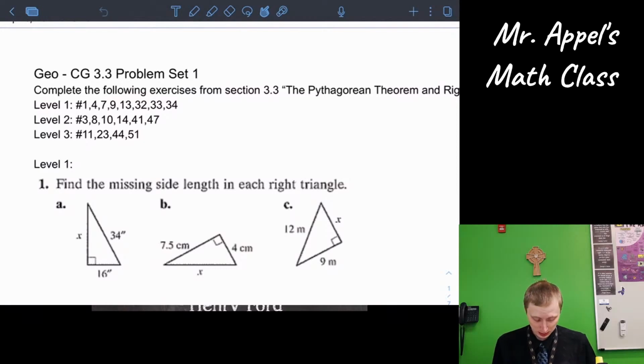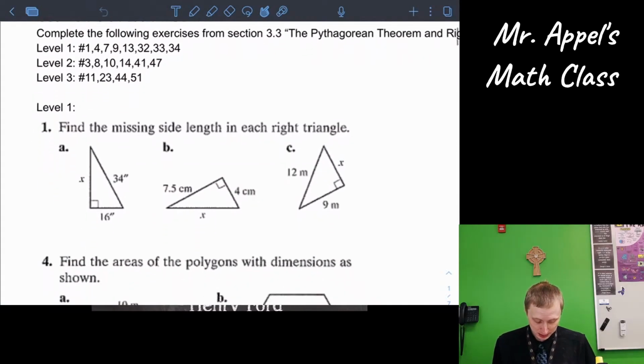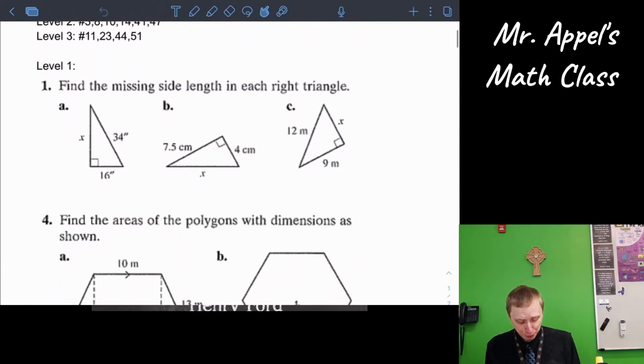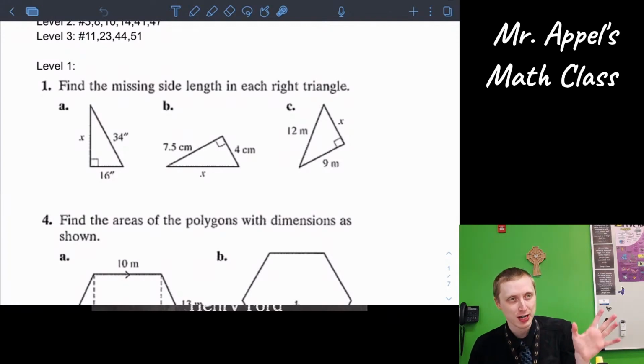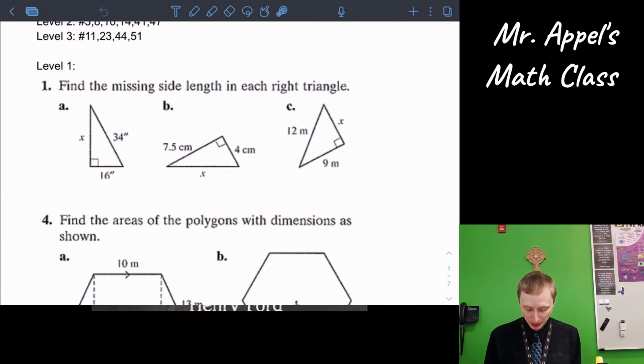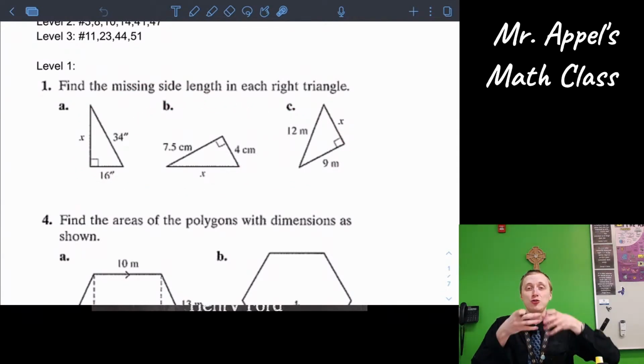No? All right. Then taking a peek at some of these problems here. The very basic of which is finding the missing length of a right triangle. That is a straight-up application of the Pythagorean theorem. So here are a few practice problems with that, and that serves as a new building block.